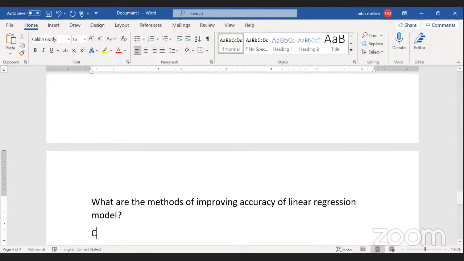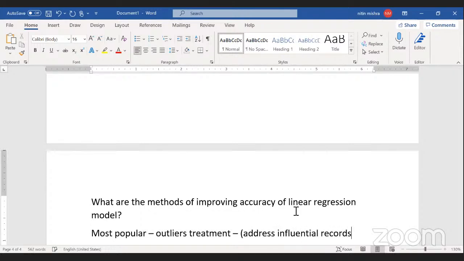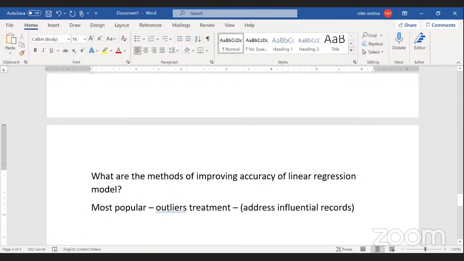So one of the common ways is to address the influential records.